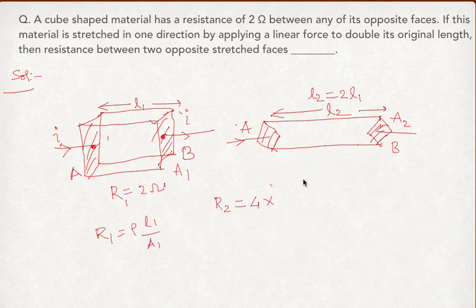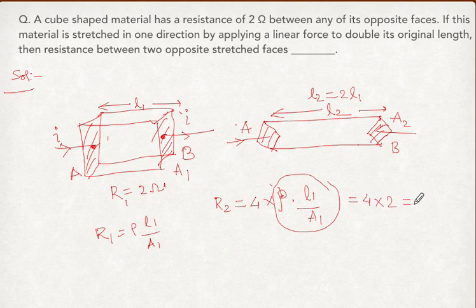So we get R2 equal to 4 into rho L1 by A1. The value of rho L1 by A1 is equal to 2 ohm from the first case. So the new resistance will be 4 multiplied by 2, that is 8 ohm.